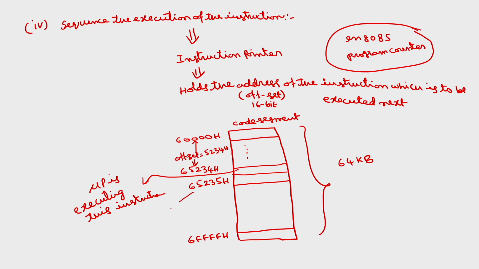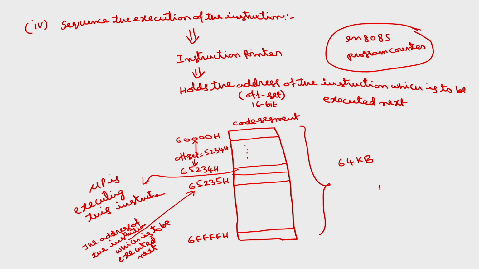This is the physical address of the instruction to be executed next. Now, the offset from here to here is 5235.